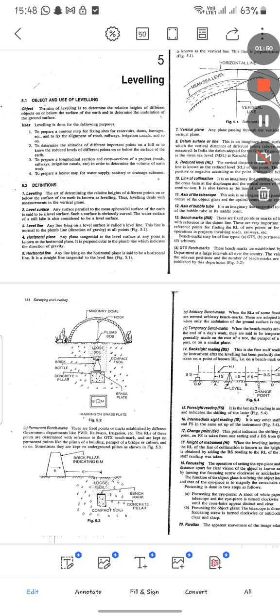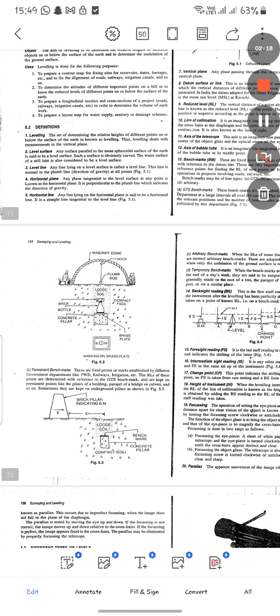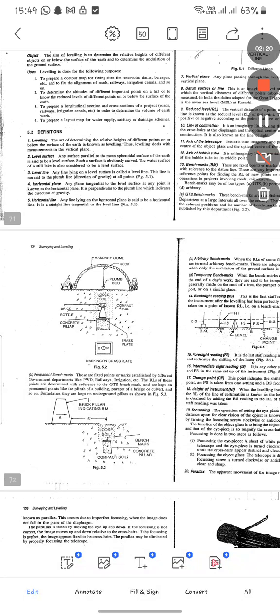Therefore, we want to define what leveling means. Leveling is an art of determining the relative heights of different points on or below the surface of the earth. That is leveling. It deals with measurements in the vertical plane. We have other terms used in leveling.